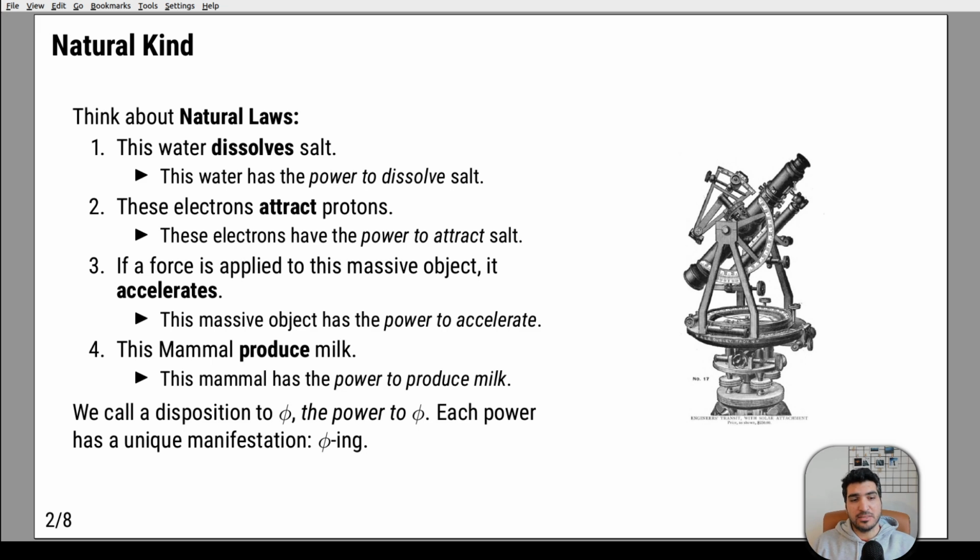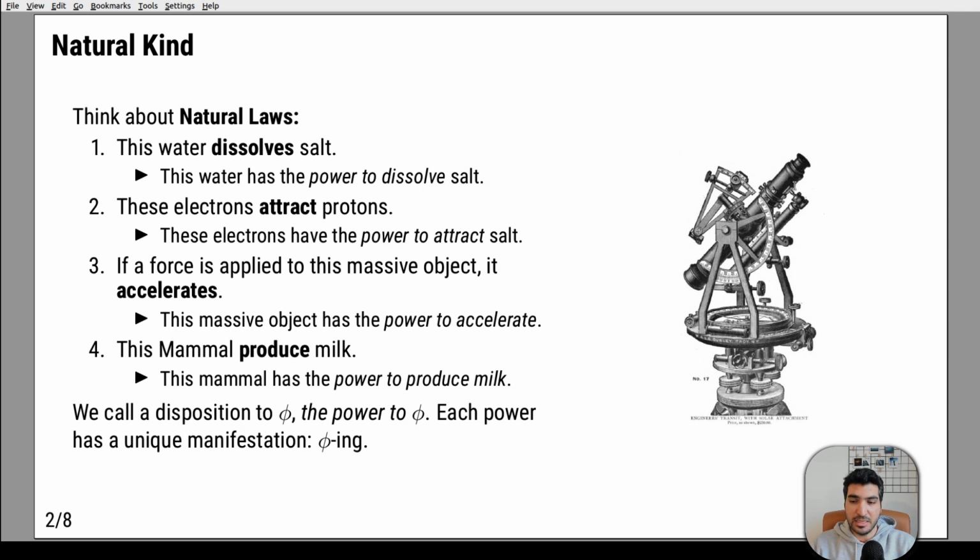And each power has a unique manifestation. If the power to phi is the dispositional exemplification, the occurrent exemplification of that property we would call the manifestation of that power to phi, or phiing. So if this water dissolves salt, the manifestation of that power is that this water is dissolving salt.